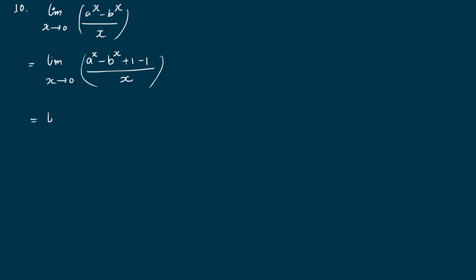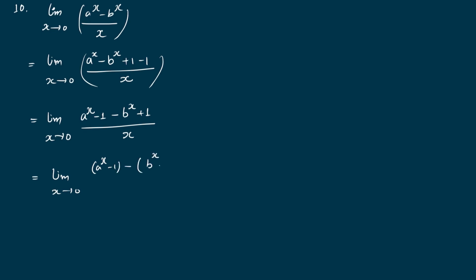So now this will be equal to limit x tends to 0 of (a to the power x minus 1) here and minus (b to the power x plus 1) like this by x, equals to limit x tends to 0 of (a to the power x minus 1). If I take minus common, then it will be plus (b to the power x minus 1) over x.